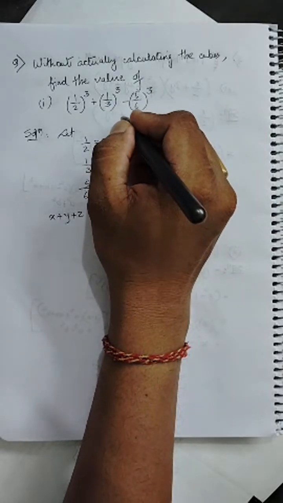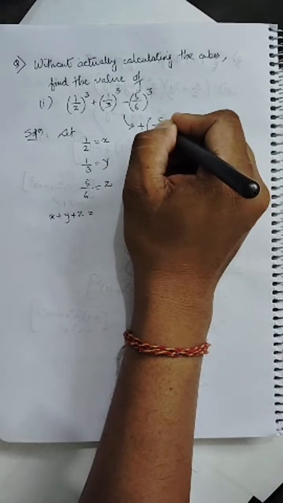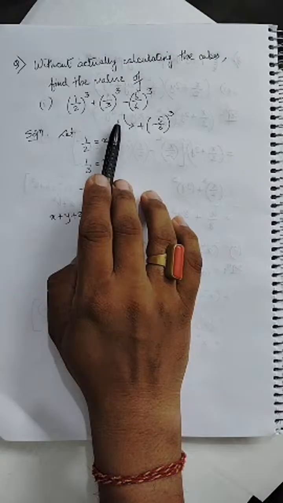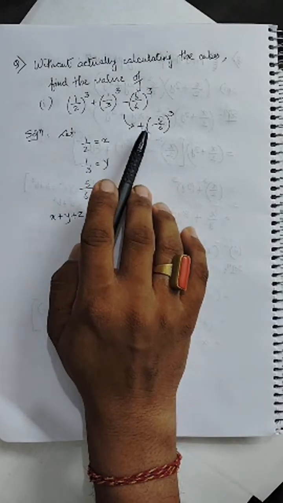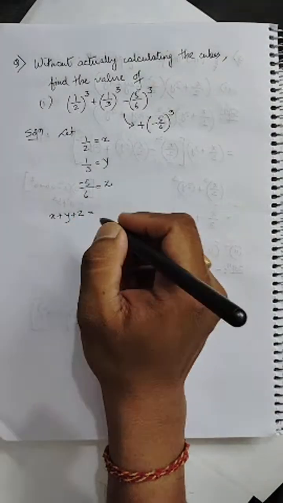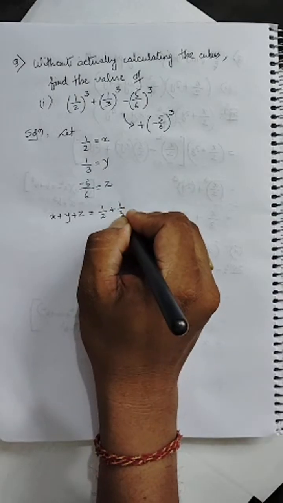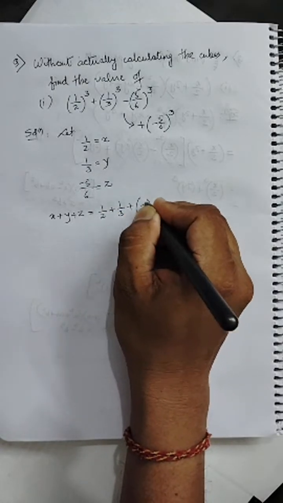So what we can do, we can write this part as plus and then minus. So this will be minus 5/6. So x plus y plus z is how much? 1/2 plus 1/3 plus minus 5/6.